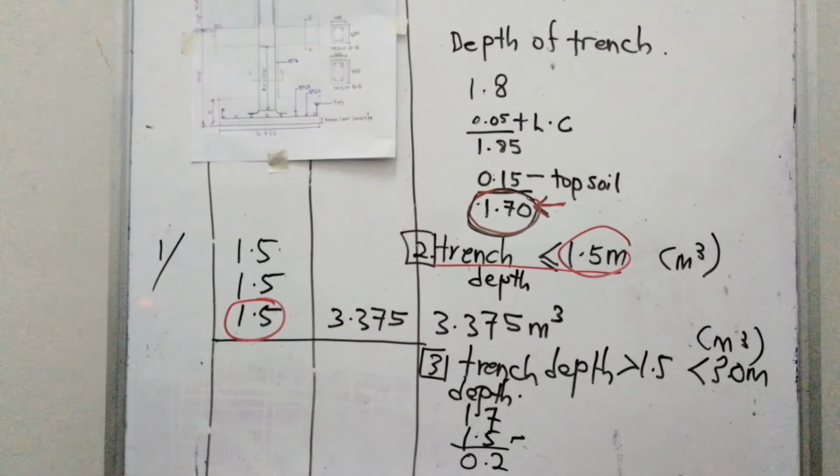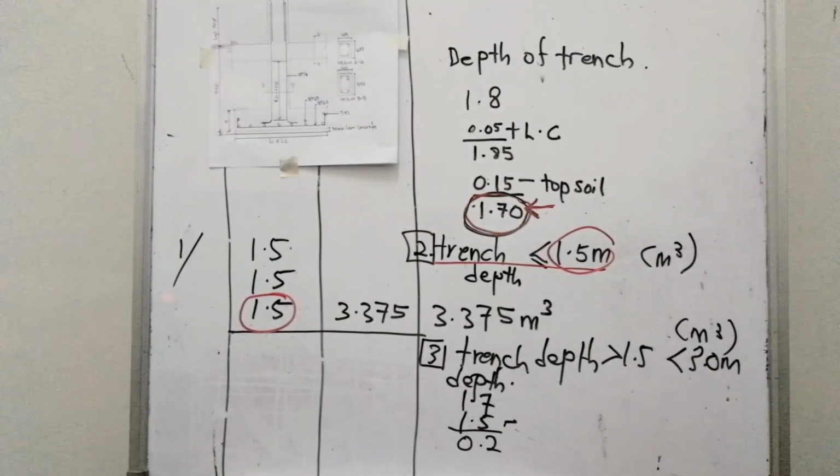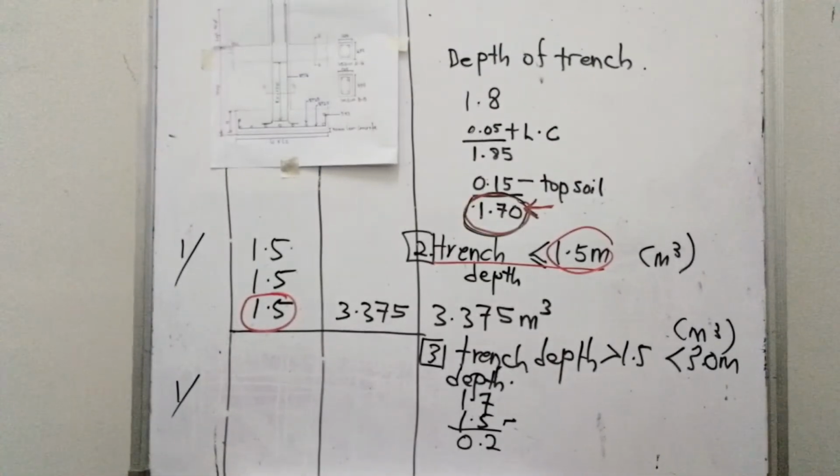You will work with this value 0.2. Next is the number of structures.